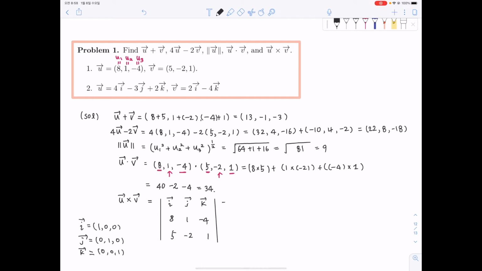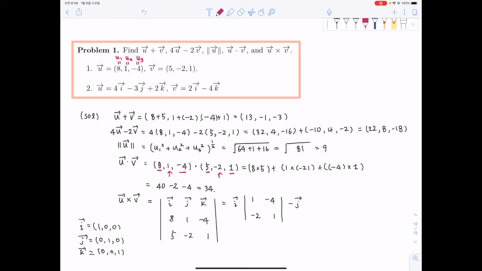And we can calculate it like i times the matrix 1, minus 4, minus 2, 1. It means that if we choose i, then we can delete this row and column, and then we have this matrix here. And then minus j.